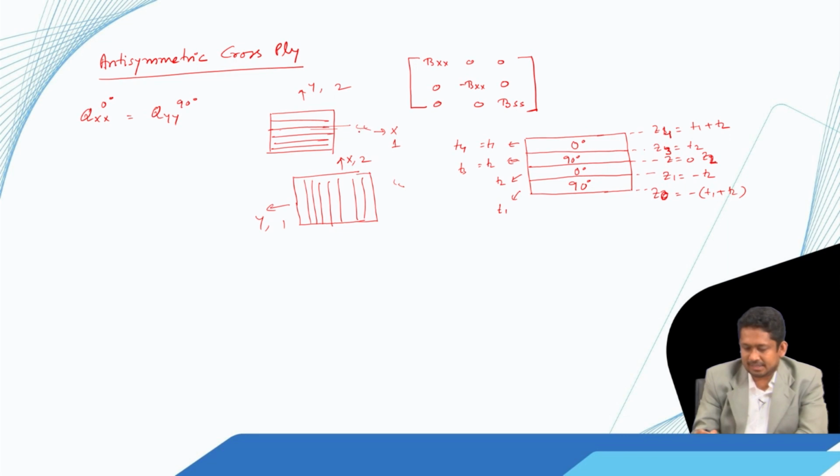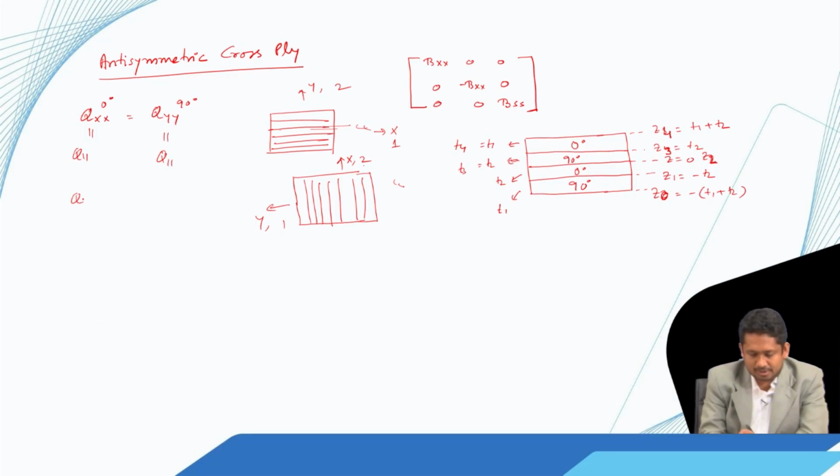So, in the first case x axis coincides with axis 1. So, Qxx is equal to Q11. In the second case, x axis aligns with axis 2. So, Qxx is equal to Qyy is equal to Q11 here.